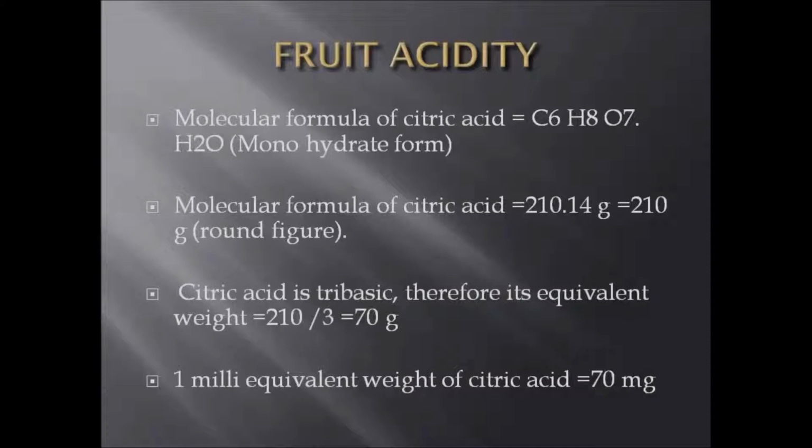So we are multiplying milliequivalents with 70 in order to get milligrams. So 1 milliequivalent weight of citric acid is 70 milligrams. This is how this 70 milligrams came for each milliequivalent of acidity. We calculated based on the molecular formula of citric acid and its equivalent weight. This is the reason 1 milliequivalent weight of citric acid is equal to 70 milligrams.